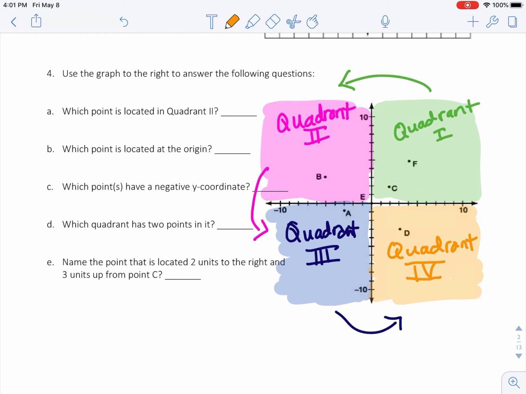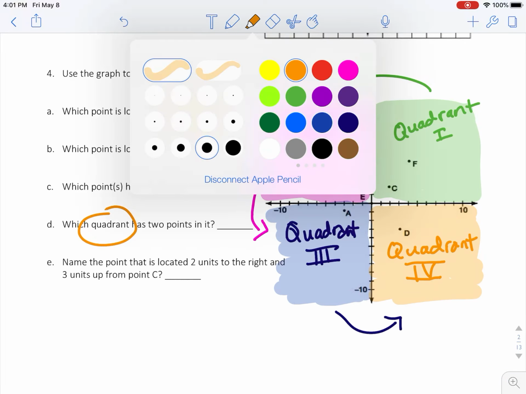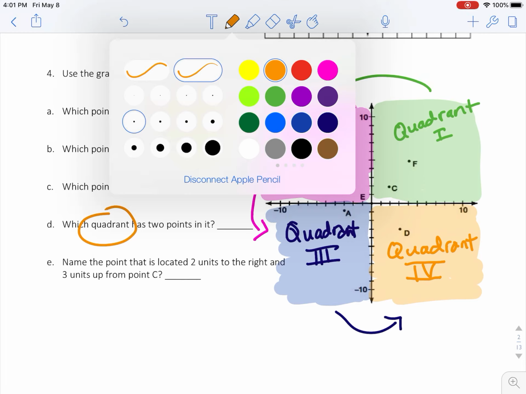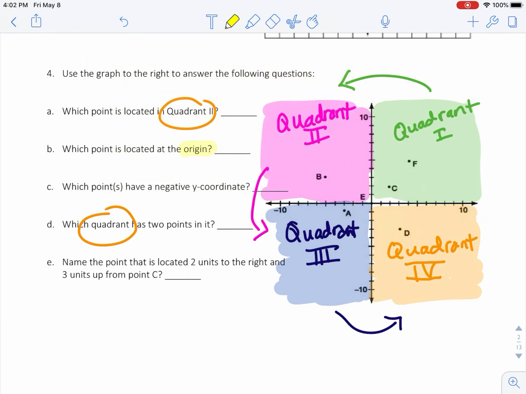Okay, so if it asks you questions about quadrant 2, right, or which quadrant, okay, you're going to know those. Another word to review is the word origin. So if you remember, the origin is the spot right here in the middle, and that's always at 0, 0. That's our origin. The rest of these you should be able to figure out.